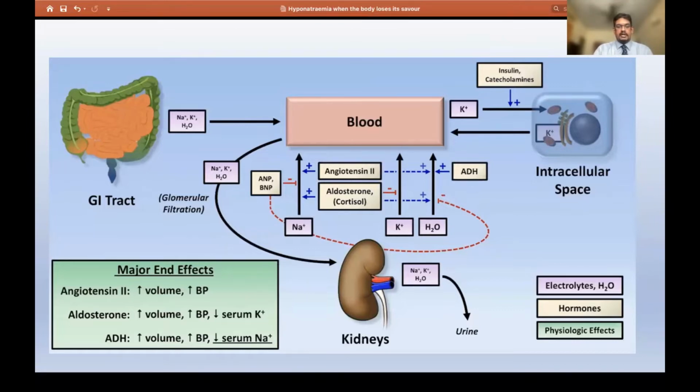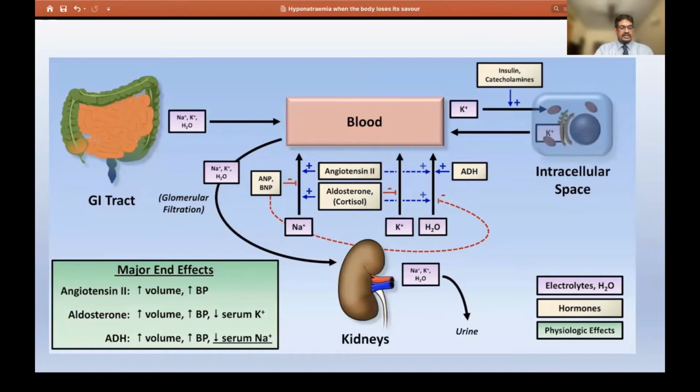But you see that ADH, antidiuretic hormone, acts far downwards. It actually acts on the collecting duct and the distal tubules, and it impacts more on the water reabsorption with minimal effect on sodium. But what does this do? It causes hyponatremia when there is an excess of ADH occurring.